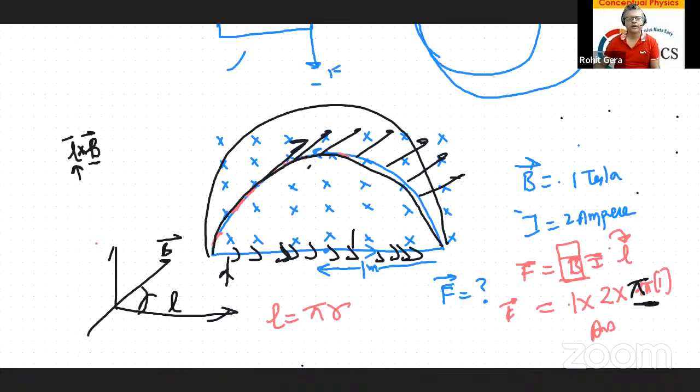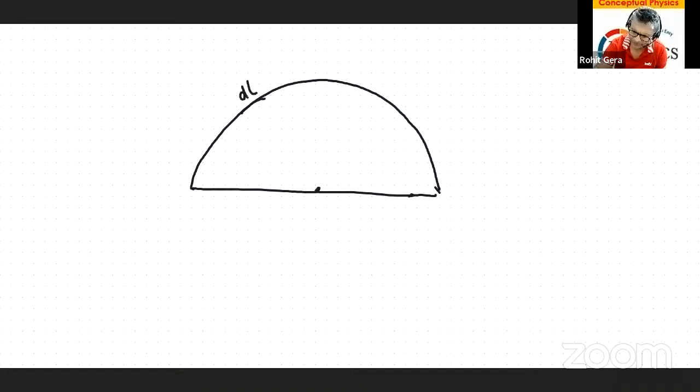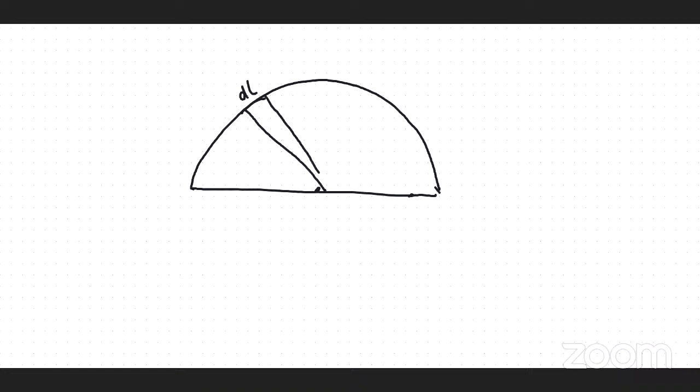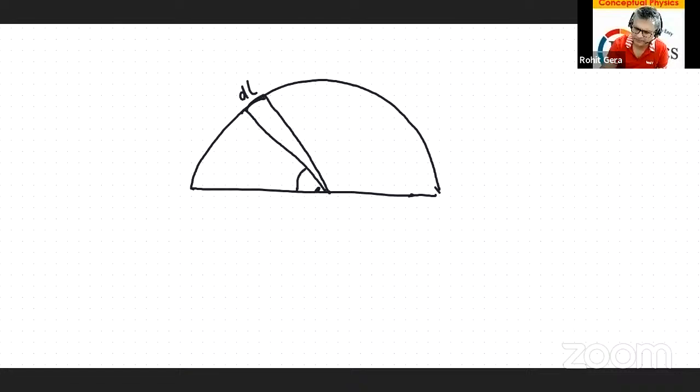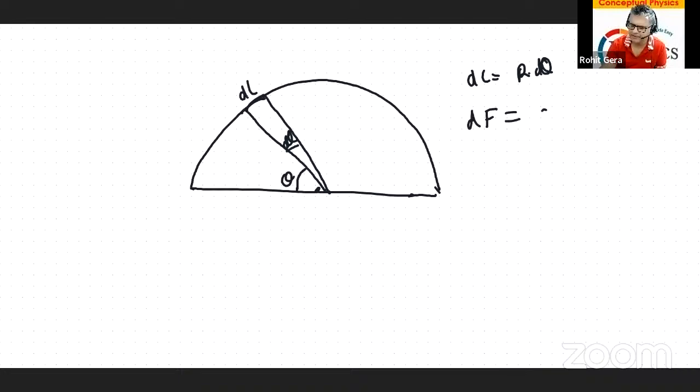If you look into the circular loop, take any dl on this at an angle theta. ठीक है। So your force is given by dl cross B into I.